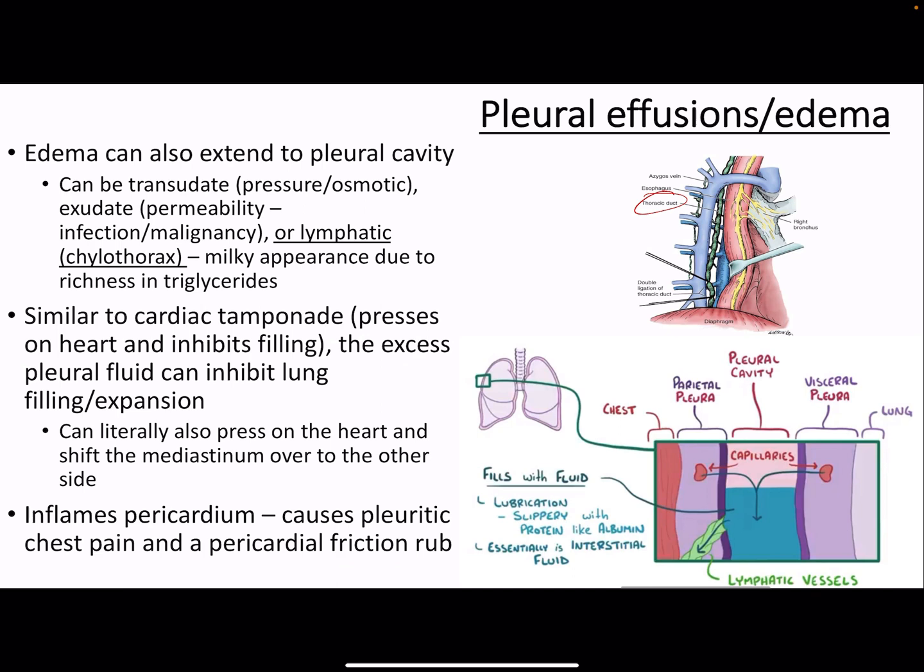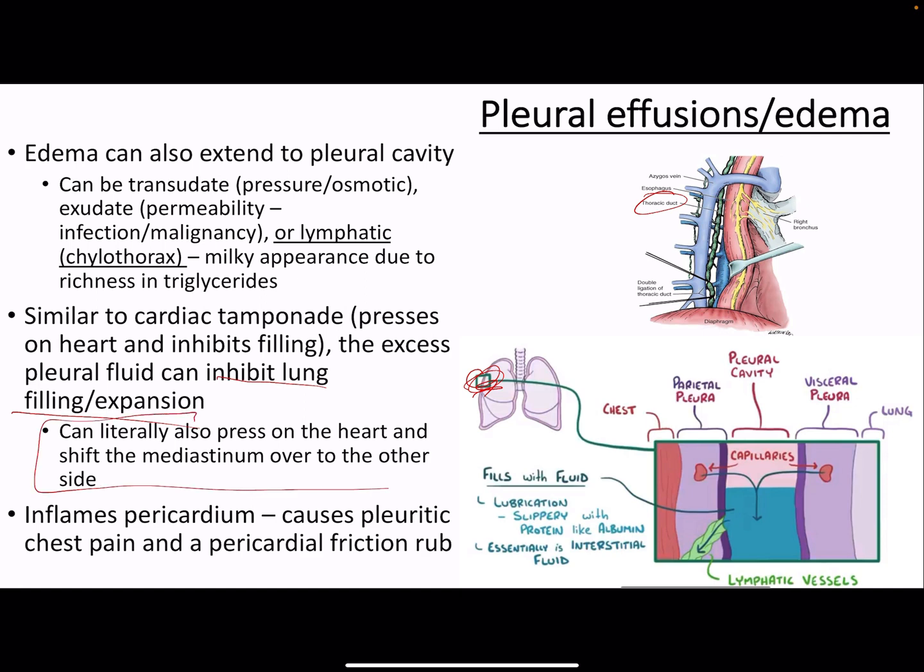So similar to cardiac tamponade, where you have filling of the pericardial sac, which presses on the heart, inhibits filling and inhibits contraction, similarly, all of this buildup of pleural fluid can push on the lungs, can inhibit lung filling and expansion. If it gets too severe, it could even lead to atelectasis, so the lung collapse.